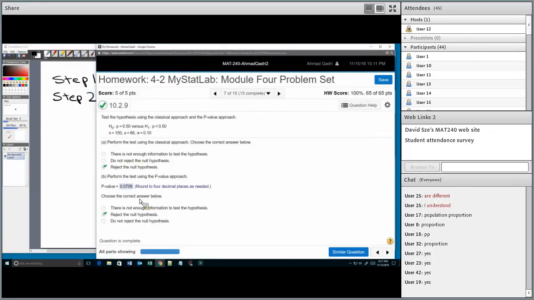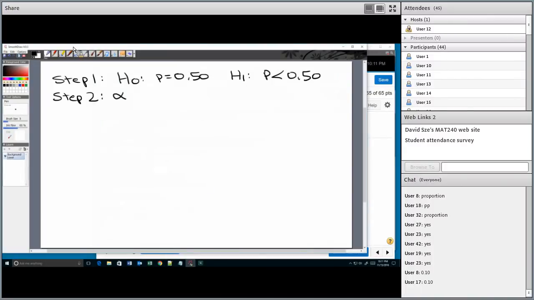Okay, very good. Remember, step 2 was that I need to find my alpha. So let's see, is the alpha given here? And if yes, what is the value? 0.10. It's given right here. Alpha is 0.10. Okay, now let me ask you, looking at the alternative hypothesis, and here's the alpha, how would I draw my distribution?